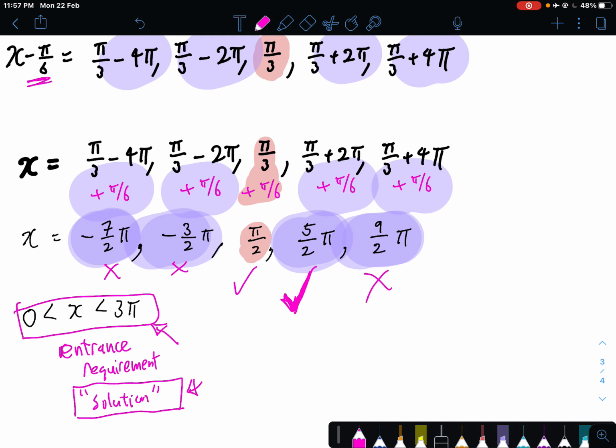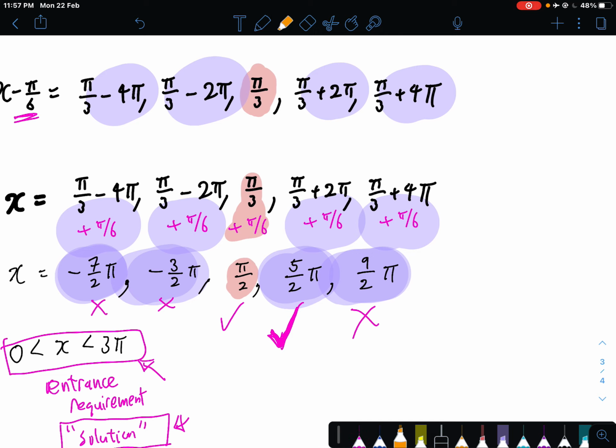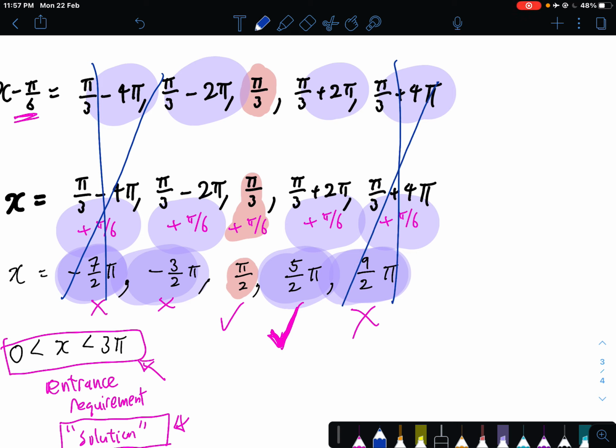So we have pi over 2 and 5 over 2 pi. Maybe the plus 4 pi was not necessary. This step here, not necessary. This step here, not necessary. But this step here, the plus 2 pi, definitely needed.